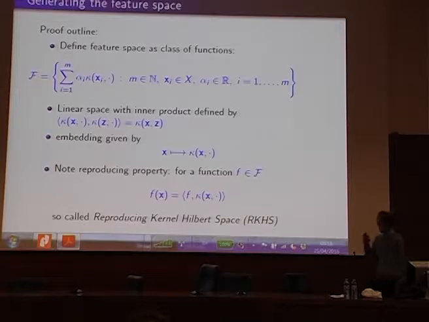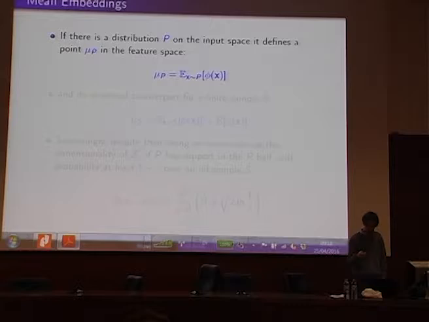Okay, so I hope that's not too confusing, but it's really just to give you the framework within which I can then define this embedding of a distribution. So if you have a distribution on the input space now, then you can define the embedding, or a point if you like, in the feature space that represents that distribution.